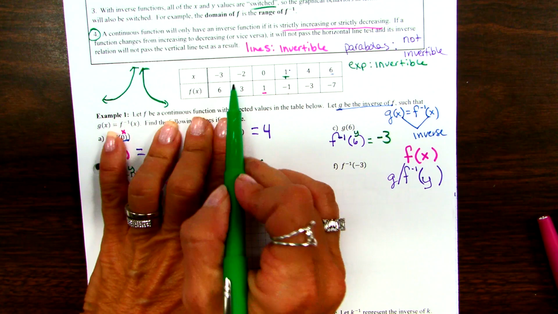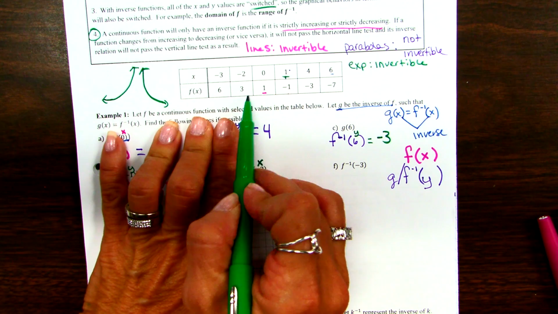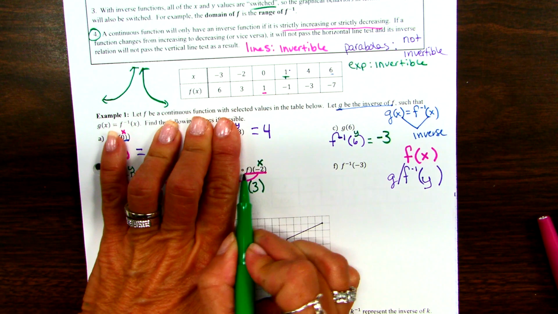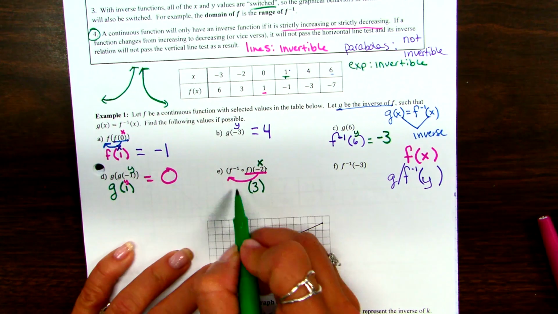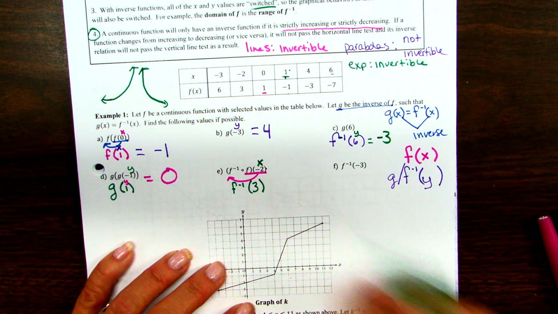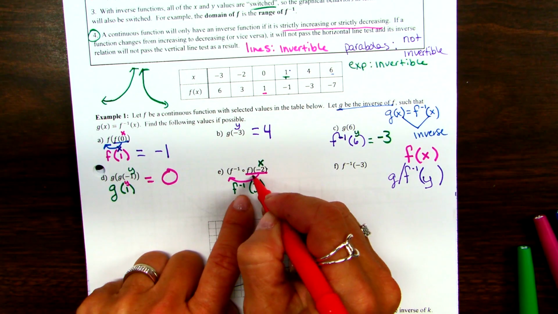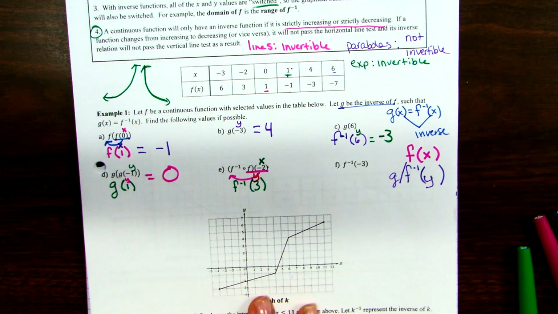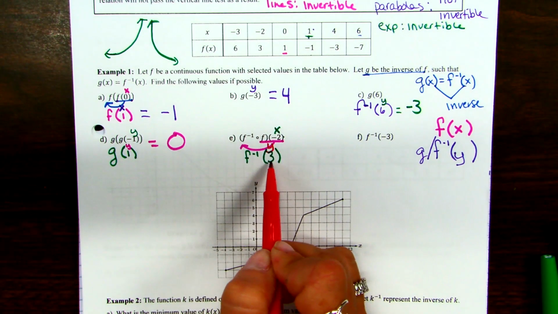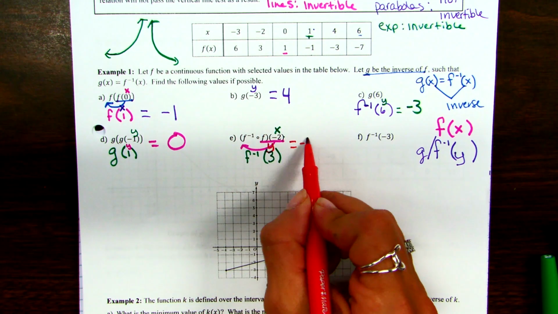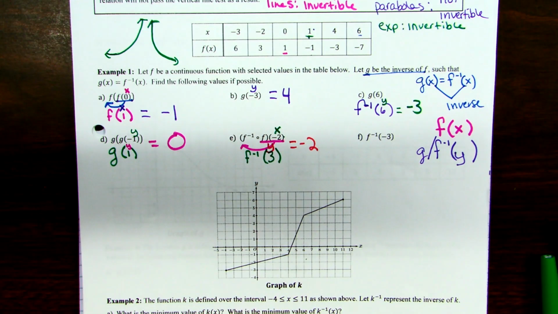So when x is -2, y is 3, right? f of -2 is 3. Now what do they want us to do? Inverse. When I see that symbol, I know that this number in here is y. So when y is 3, x is -2.